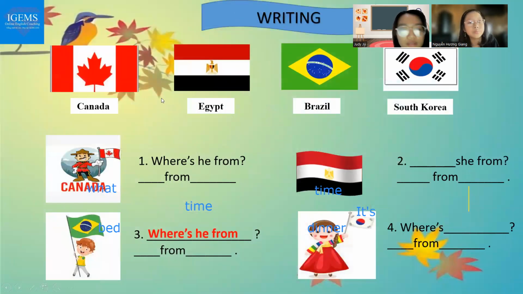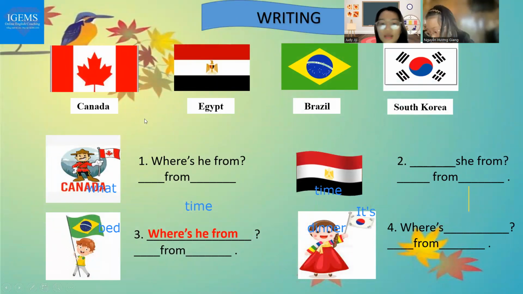All right, very good. So we move on to writing again. And you need to write the question and the answers. And you can choose the country. We have 4 countries: Canada, Egypt, Brazil, and South Korea here.